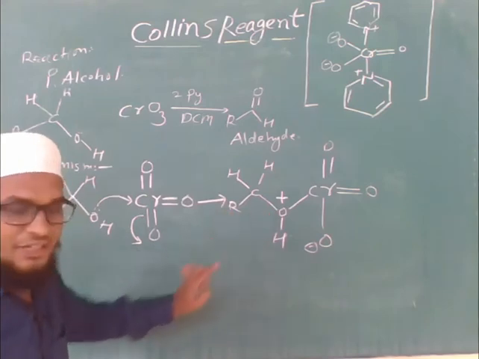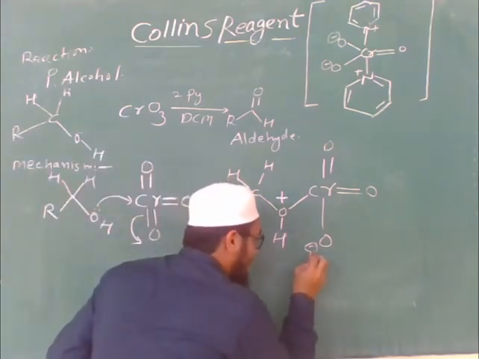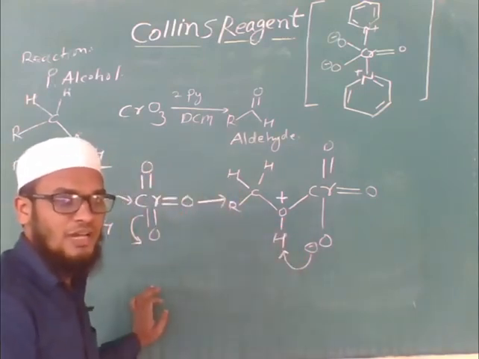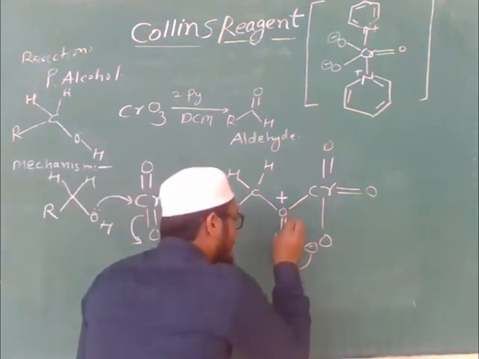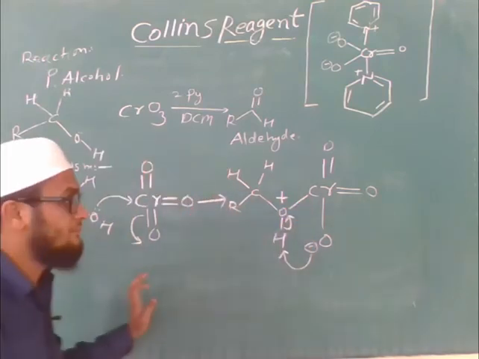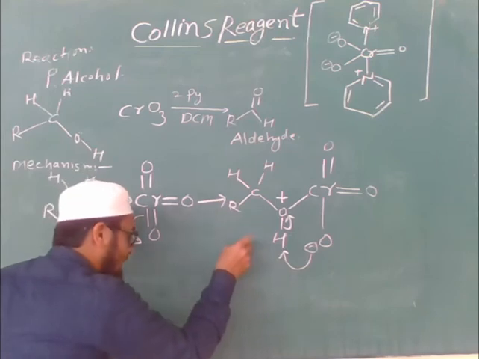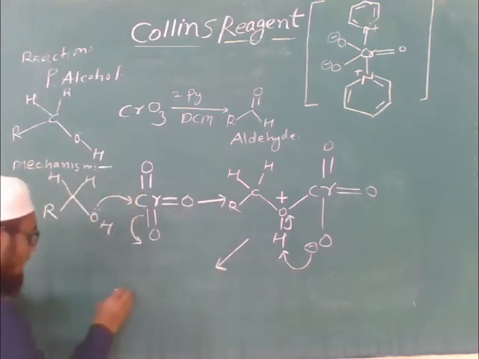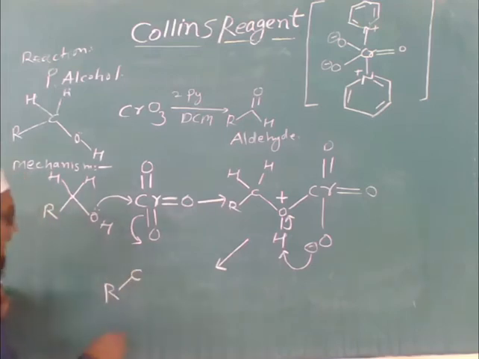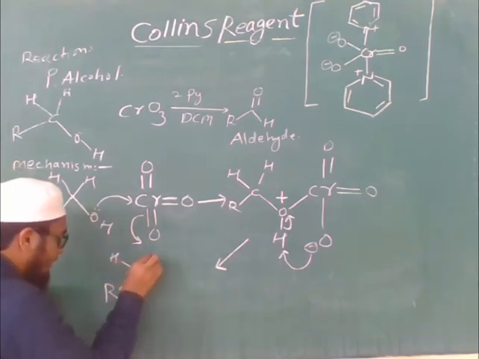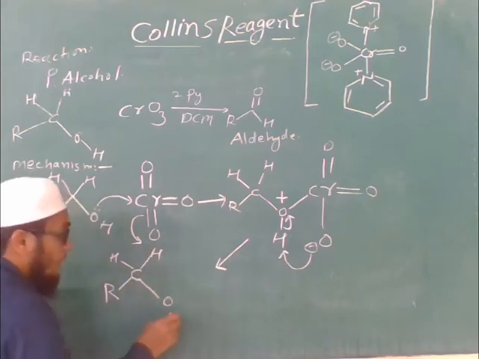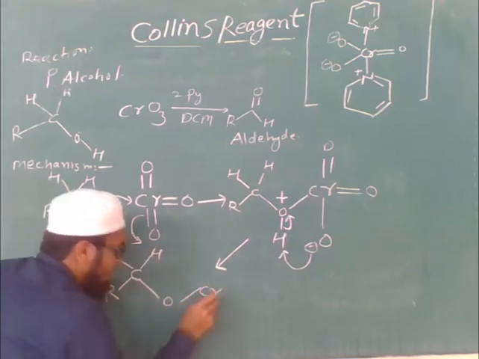To neutralize it, this oxygen will attack this proton, this hydrogen, and the oxygen-hydrogen bond electrons will go towards oxygen to neutralize it. So what I will get, I will write it here: R, single bond C, single bond H, single bond H, single bond O, single bond chromium.